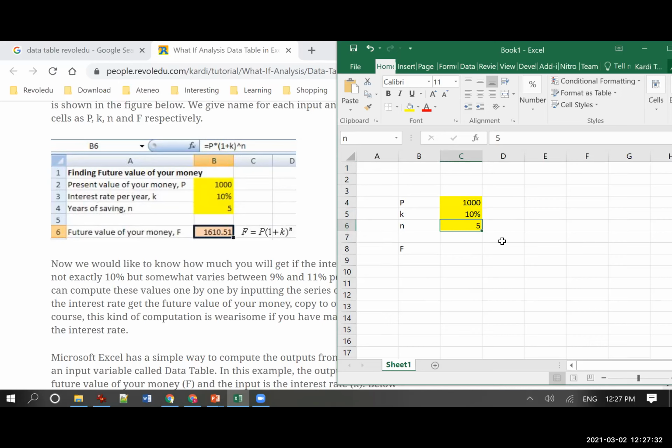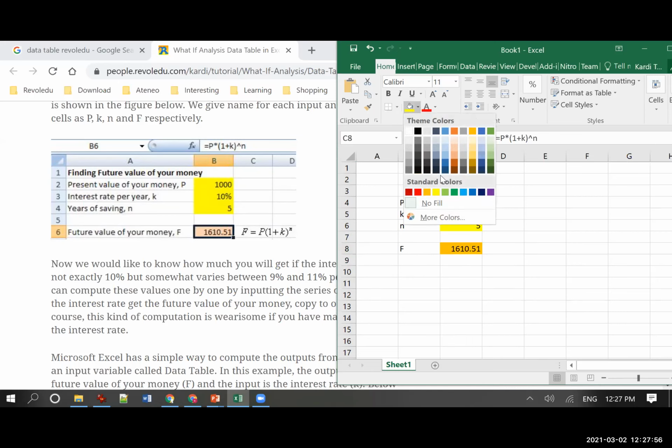I can see it. Yes. Now I can calculate. Now F is equal to P multiplied by 1 plus K, okay, and then exponent N. Okay, I got that value. Exactly like in the website, right? Yes. Because this is my output, I put it as output.